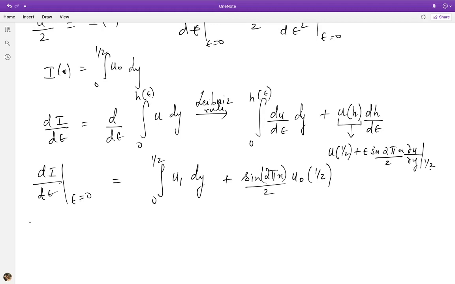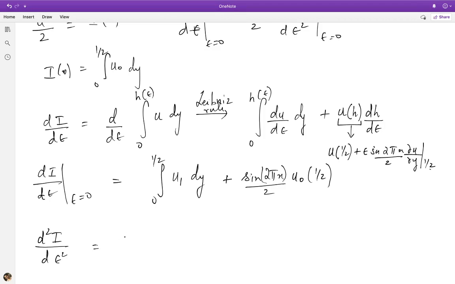Similarly, now I can write out the higher order expansions. So let's go to second order here. You'll see now, I just have to repeat the Leibniz rule on this expression here for d by d epsilon.